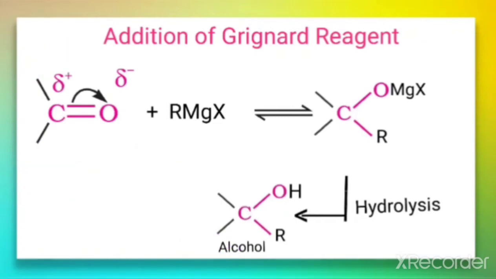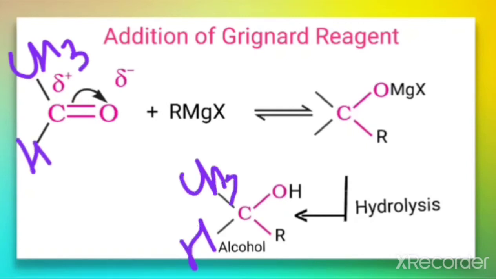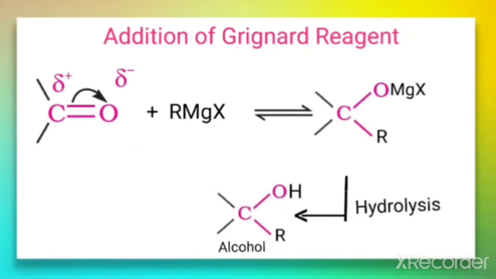If we take an aldehyde like CH3CHO, acetaldehyde, what will we get as the product? You will get a secondary alcohol, because on this carbon you can see 2 alkyl groups are there, therefore it is a secondary alcohol. If you want to prepare the primary alcohol, we have to keep 2 H here.